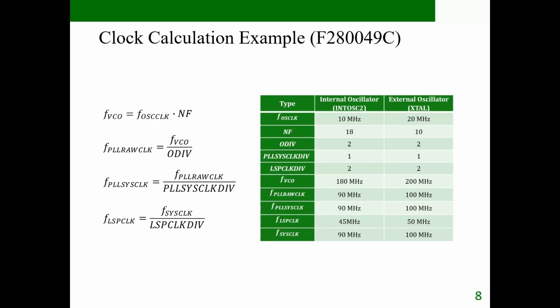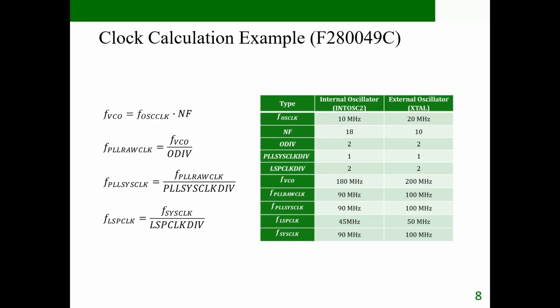Then with ODIV equal to 2, we get a PLL raw clock frequency of 100 MHz. With the system clock divider equal to 1, the system clock is also 100 MHz, which is the device maximum. Finally, with the LSP clock divider equal to 2, the LSP clock frequency is 50 MHz. This is the most common configuration when running the F280049C from the LaunchPad's external crystal.